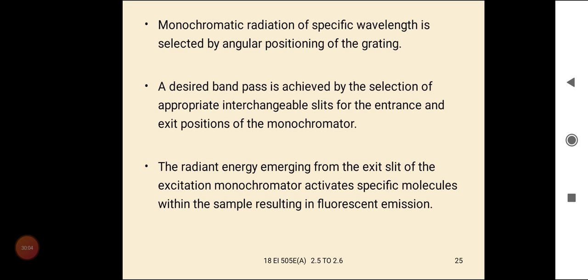The radiant energy emerging from the exit slit of the excitation monochromator activates specific molecules within the sample, resulting in fluorescent emission.